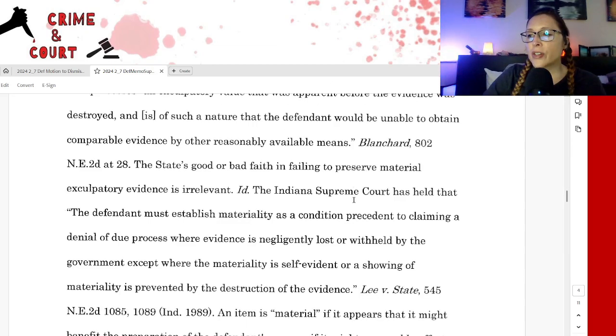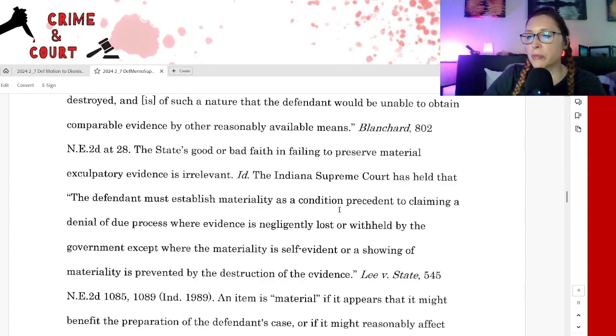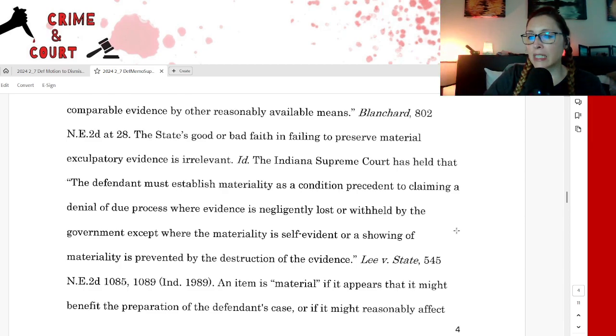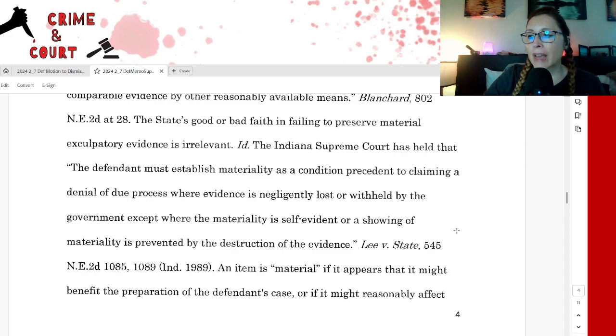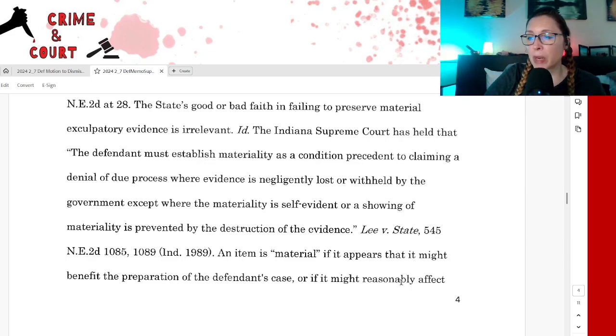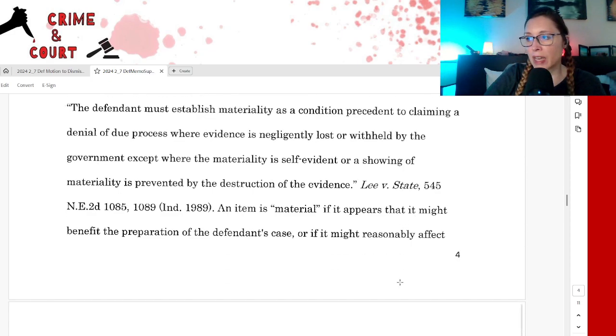So the state's good or bad faith in failing to preserve material exculpatory evidence is irrelevant, whether they did it on purpose or not. The Indiana Supreme Court has held that the defendant must establish materiality as a condition precedent to claiming a denial of due process where evidence is negligently lost or withheld by the government, except where the materiality is self-evident or a showing of materiality is prevented by the destruction of the evidence.